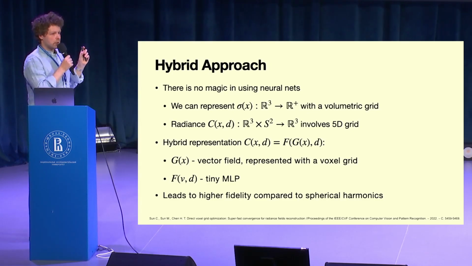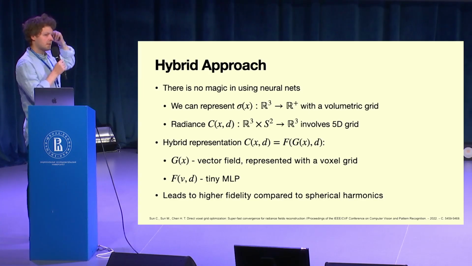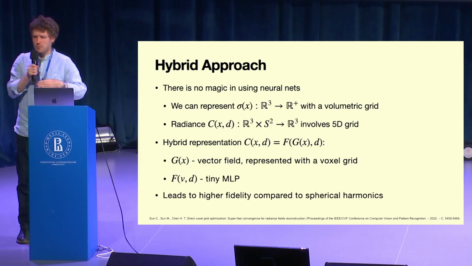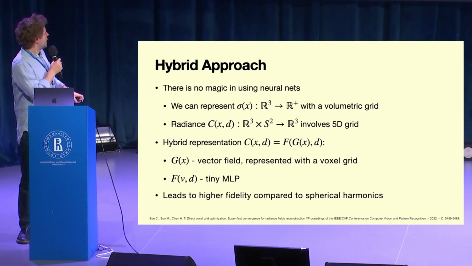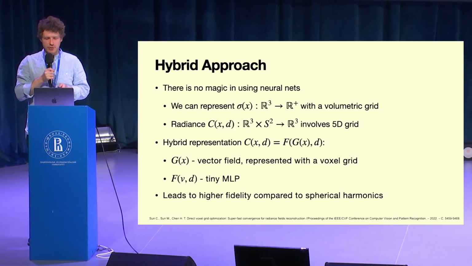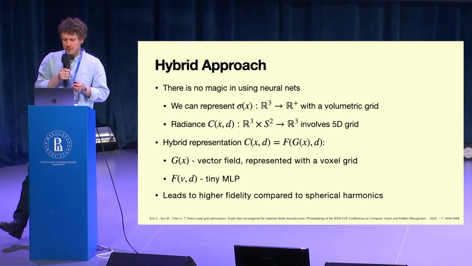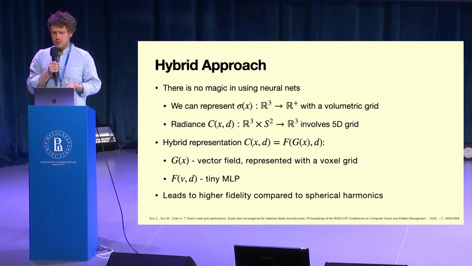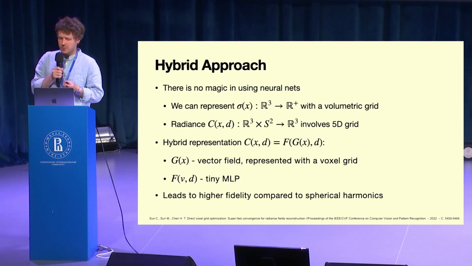So by far, this hybrid approach that parameterizes radiance with a neural network is the most successful. And it produces better quality from the viewpoint of novel view synthesis than the spherical harmonics I mentioned before.